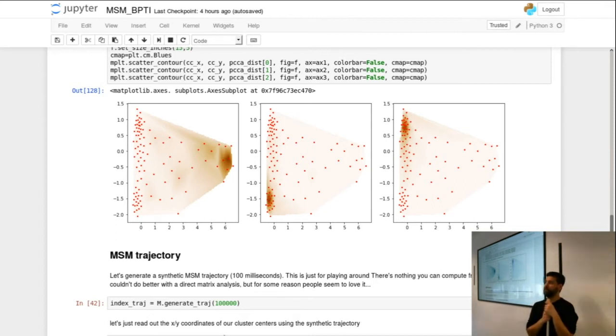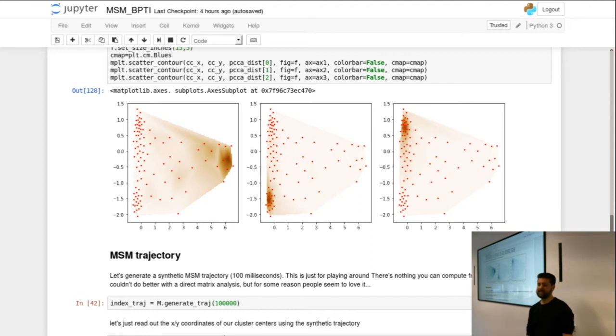We're not doing it per se like this. We're checking the rate at which these states get depleted of population against the rate that our Markov model predicts. That's the so-called Chapman-Kolmogorov test.